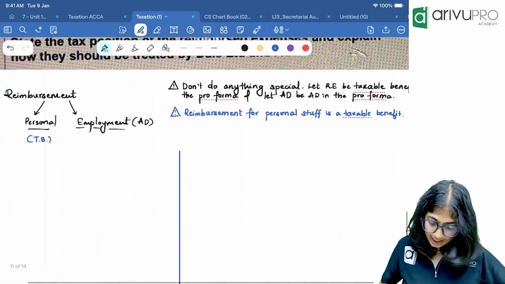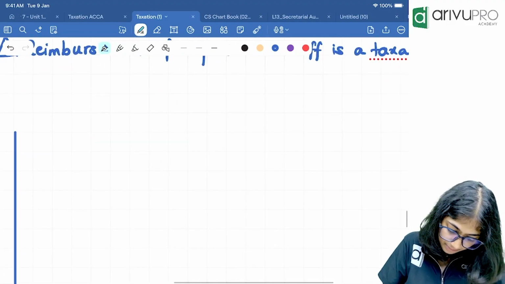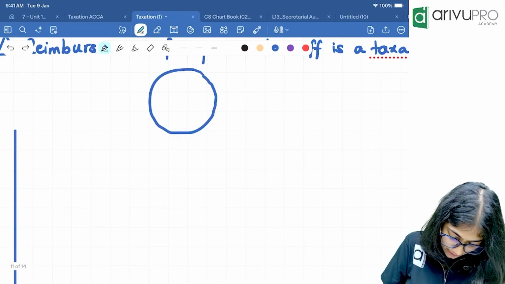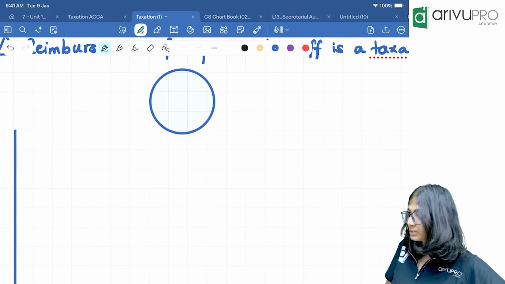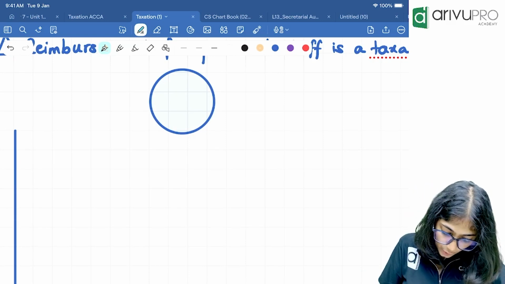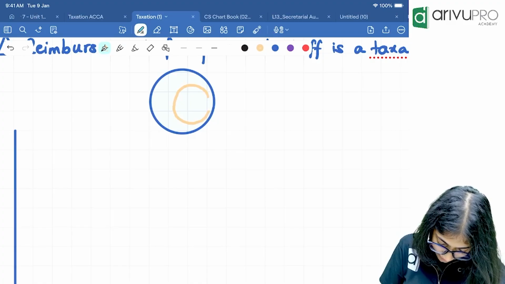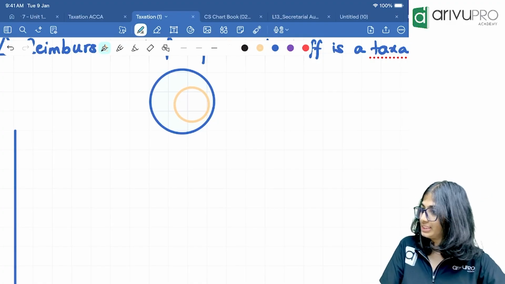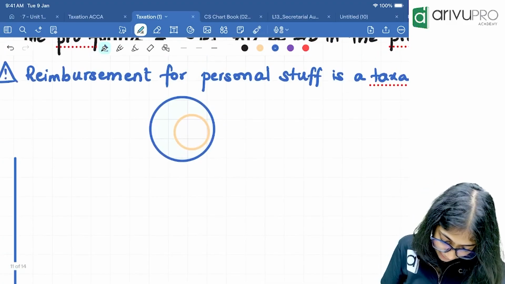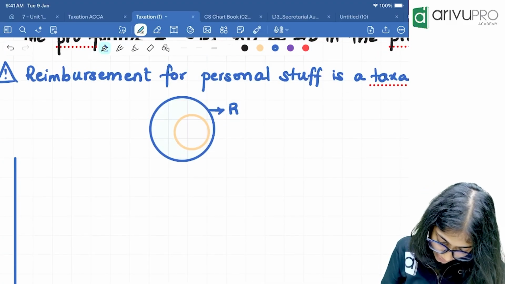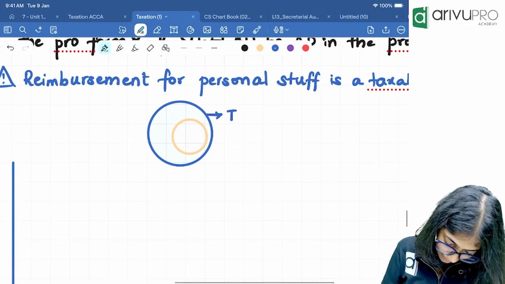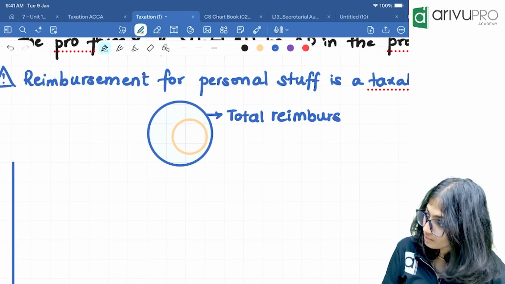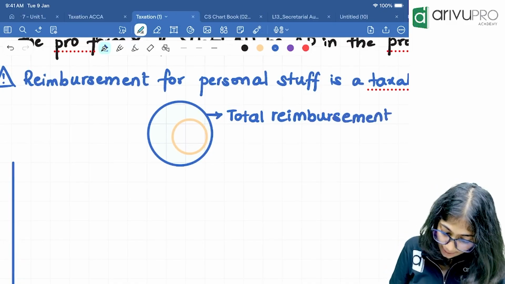Okay, let's actually create a Venn diagram so that you can understand. We have a total reimbursement, guys. This is the total reimbursement amount. Out of this, a certain amount is personal.